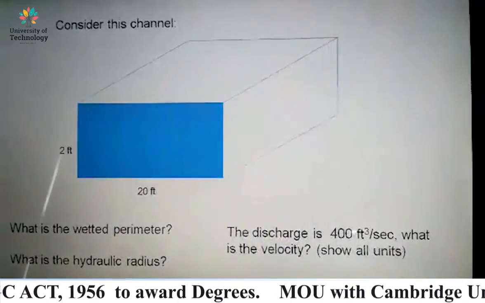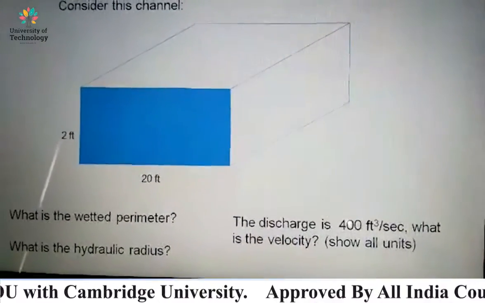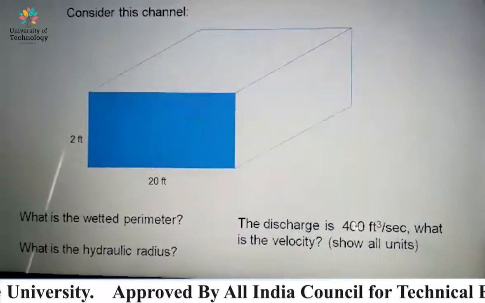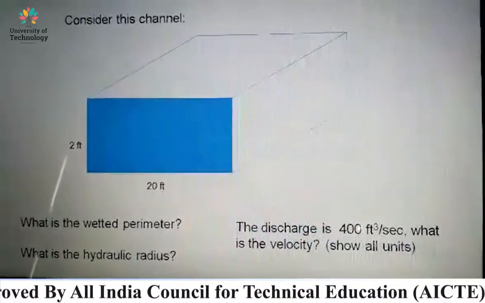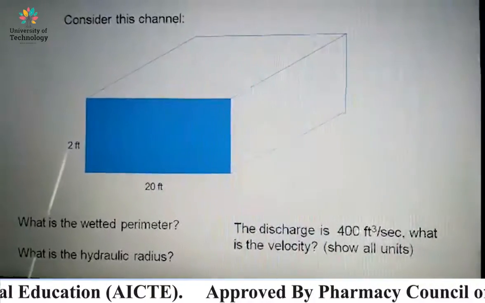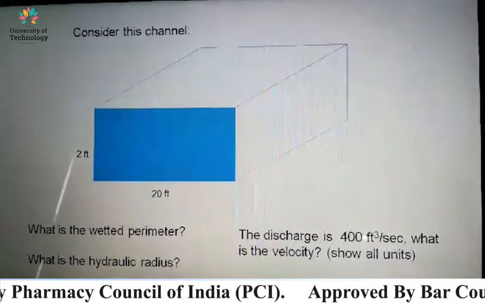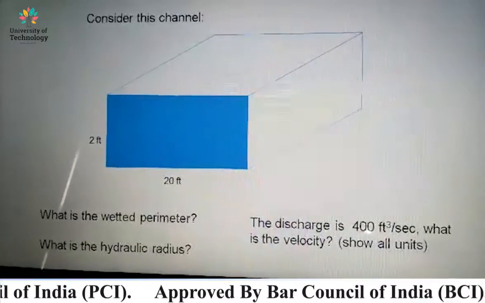The discharge equals area into velocity. So first of all we find the area, and after that we find the wetted perimeter.